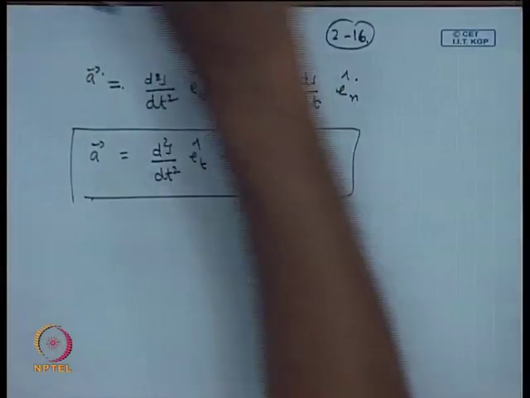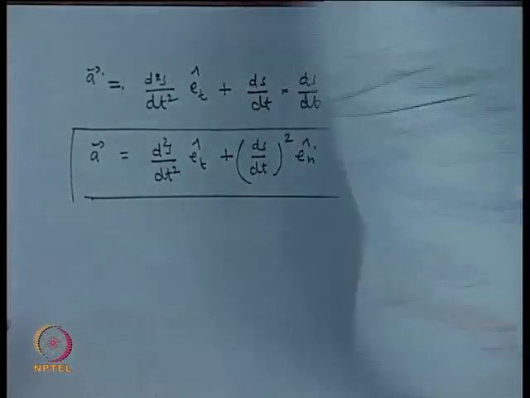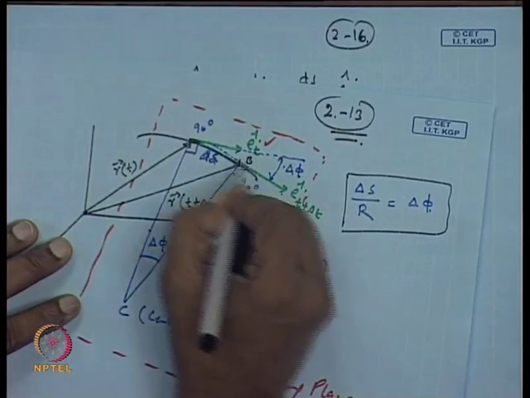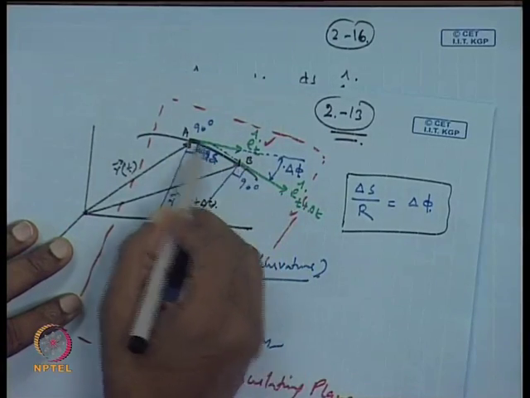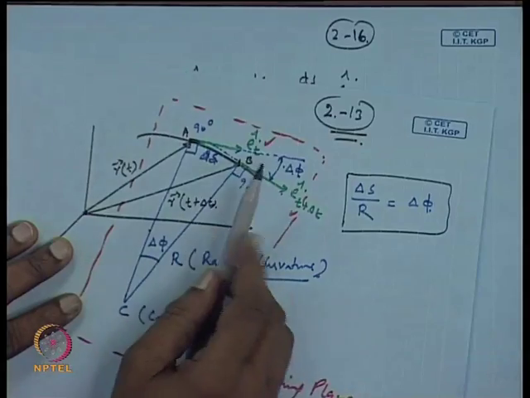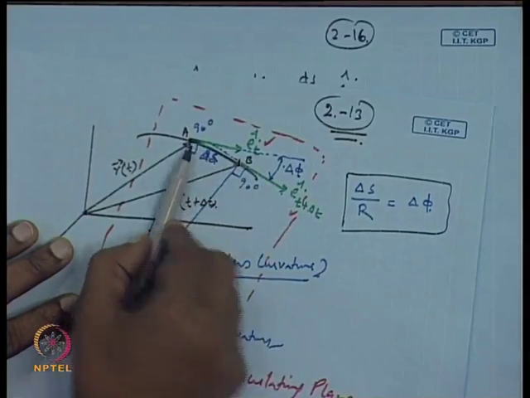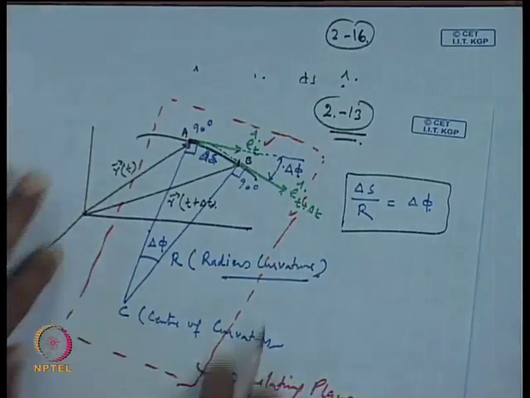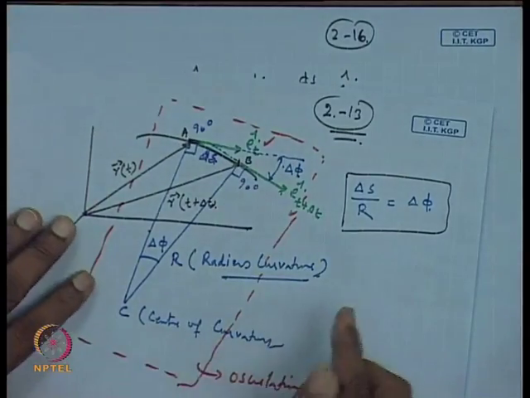Now, E_n cap, as you can see here, this point is B and this is point A. As point B is approaching A, the plane which it will be defining will be an instantaneous plane.